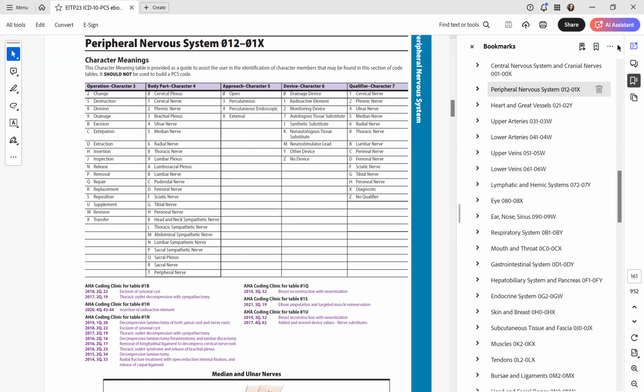Is it a radioactive element? Is it something that monitors something, right? Is it a neurostimulator lead? Whatever it is. And then the qualifier is giving us another different level of detail, right? It could either be diagnostic or no qualifier, or it could get into specifics about the lumbar nerve, the femoral nerve, and so on.